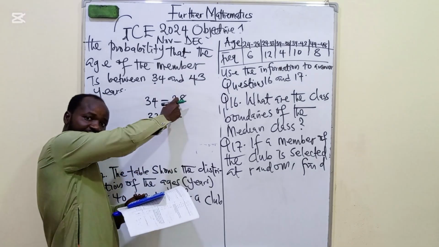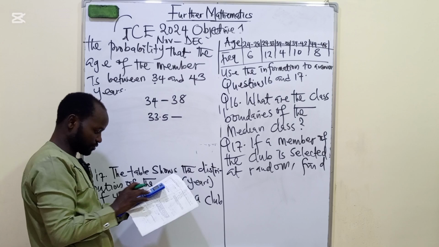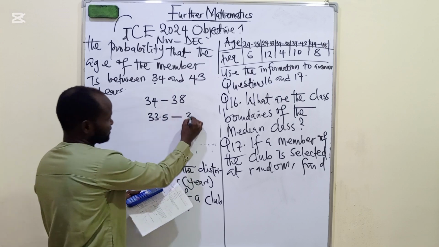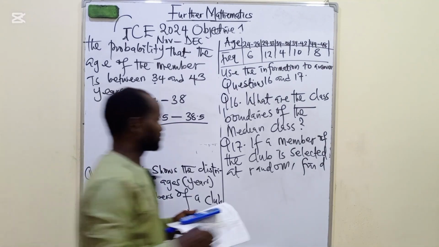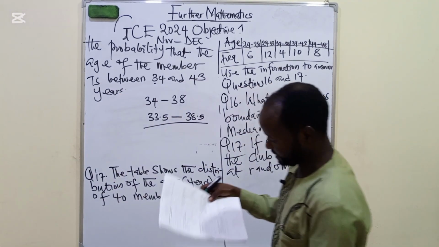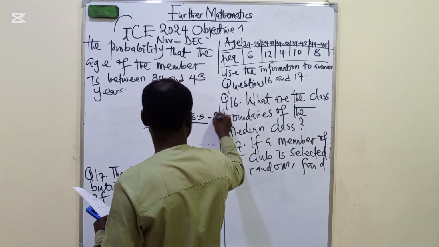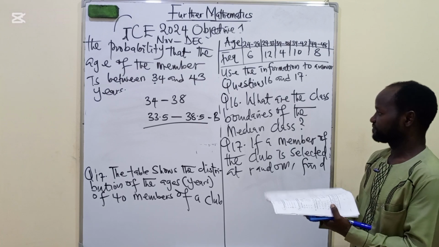We add 0.5 to this upper class interval. That's 38 plus 0.5. That will be 38.5. So this will be the class boundary of the median class, which is option B. Option B is the correct answer to this 16.